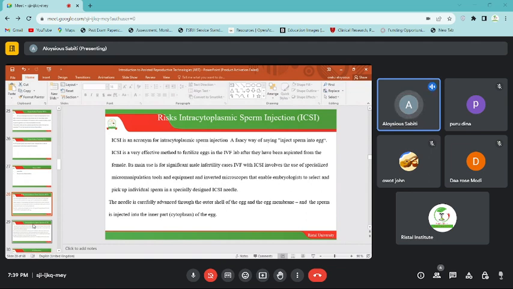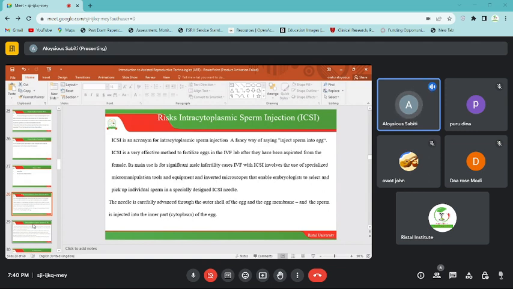So ICSI involves the use of specialized manipulation tools and equipment, and inverted microscopes that enable embryologists to select and pick up individual sperm in a specially designed ICSI needle.